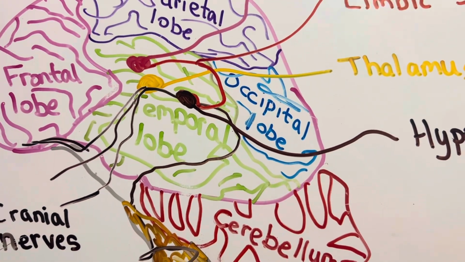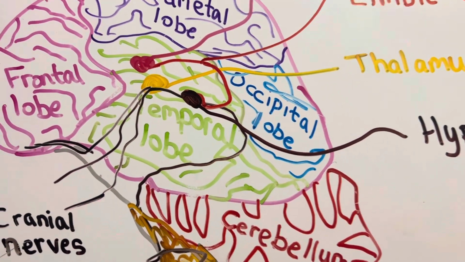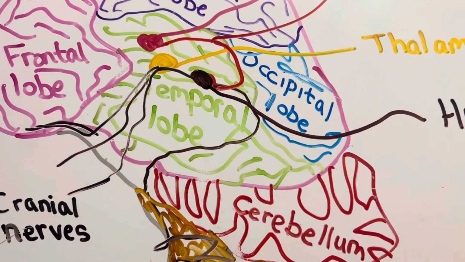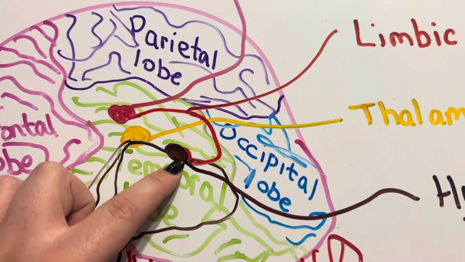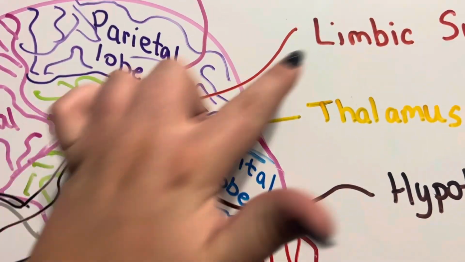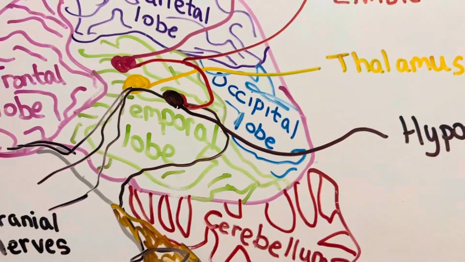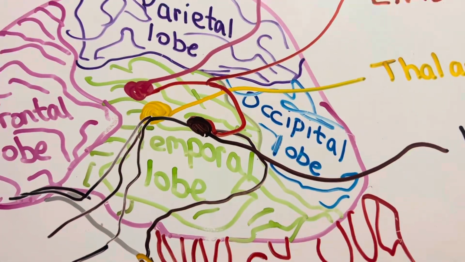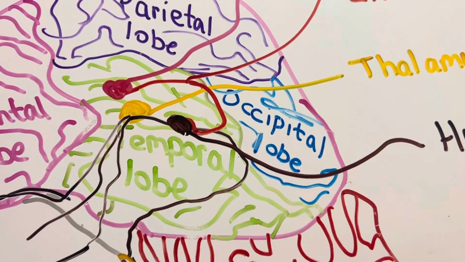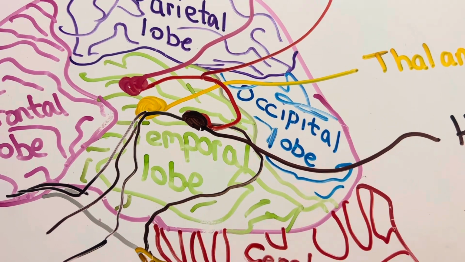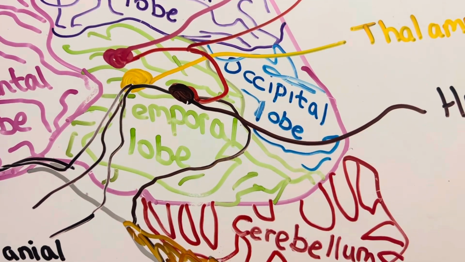And the limbic system contains the hippocampus. So right here, one part of the limbic system is the hippocampus. This is in the temporal lobe, which is like a memory index.